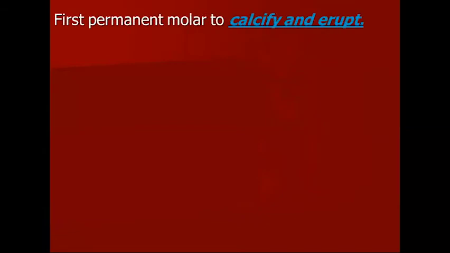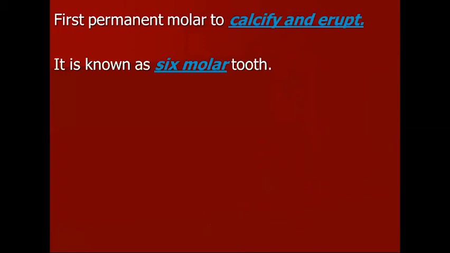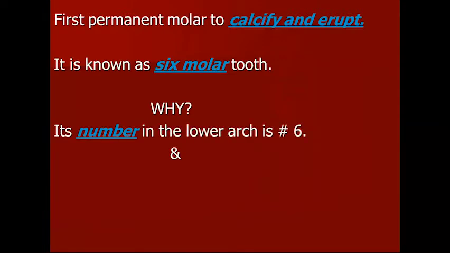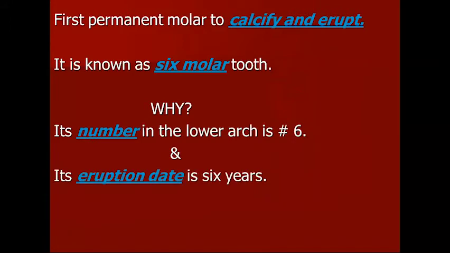First permanent molar to calcify and erupt. It is known as the sixth molar tooth. Why? Its number in the lower arch is 6 and its eruption date is 6 years.